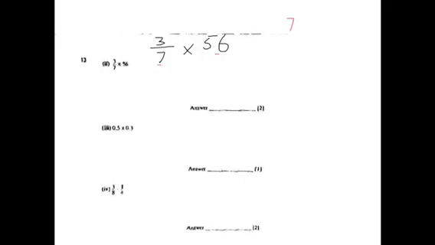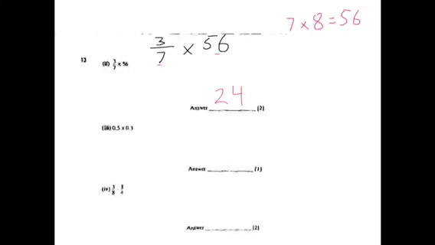So I know that 7 times 8 is 56. So I know that 56 divided by 7 is going to give me 8. So that leaves me then having to multiply by 3, giving me the answer of 8 times 3, which is 24.